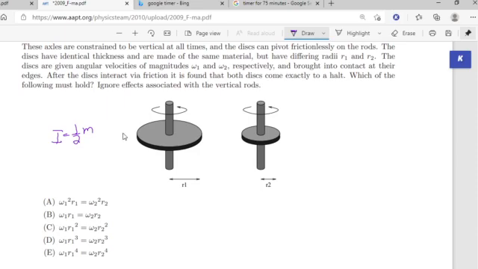Or sorry, we'll call this m, and then m rho v. So then m prime would be rho.